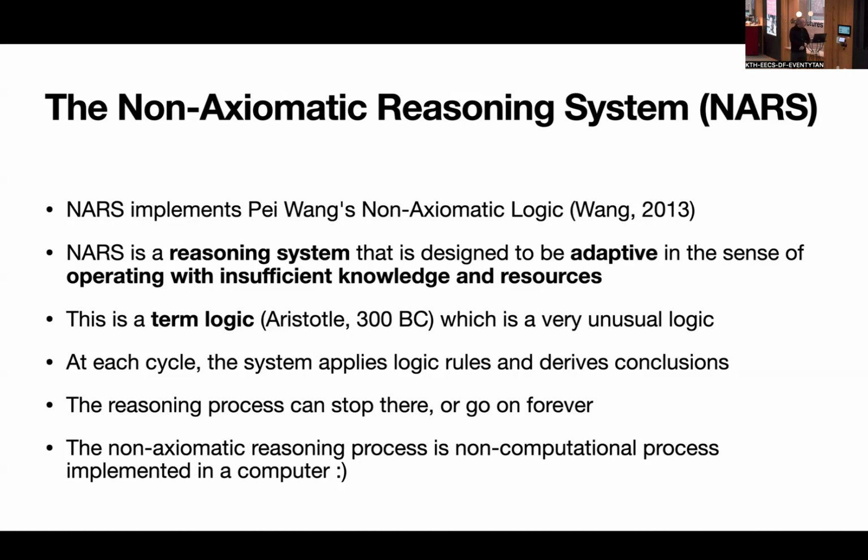So the bottom line there: the non-axiomatic reasoning process is a non-computational process implemented in a computer. And that means that in each step, it is, of course, implemented with some algorithm executing in constant time.